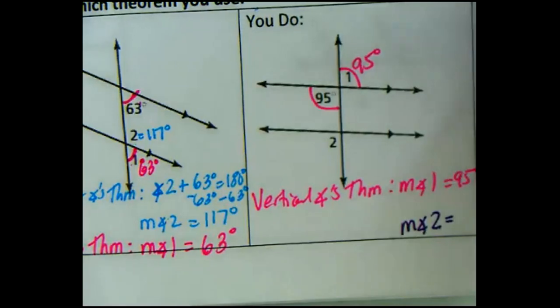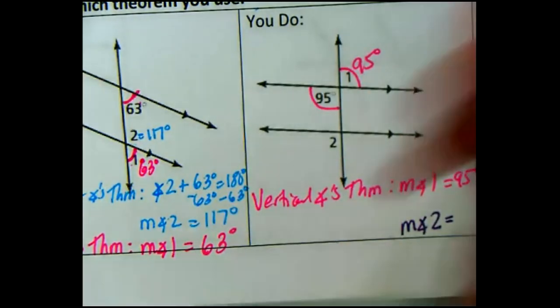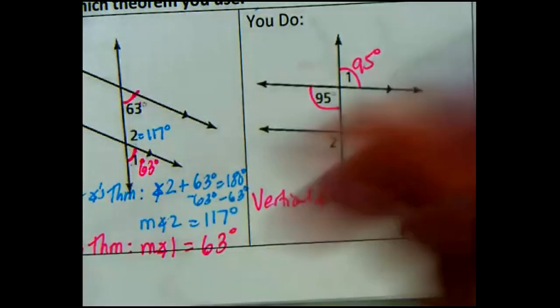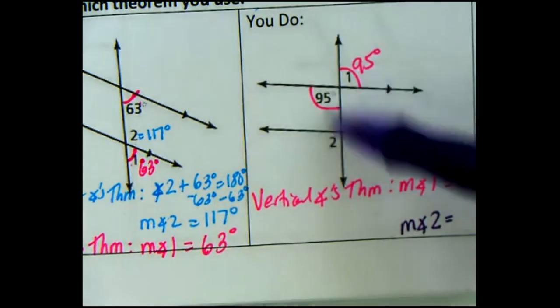Are they corresponding angles? Alternate interior angles? Alternate exterior angles? Consecutive interior angles? Vertical angles? Linear pairs? Okay, so they're corresponding angles.